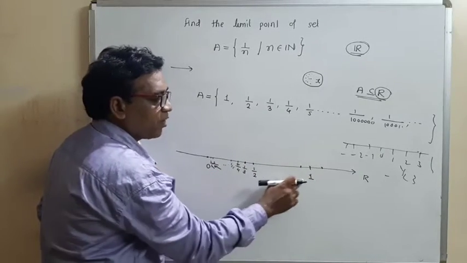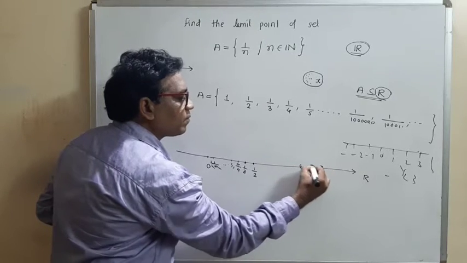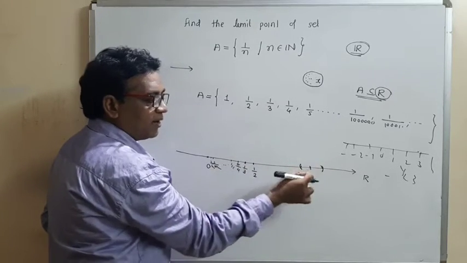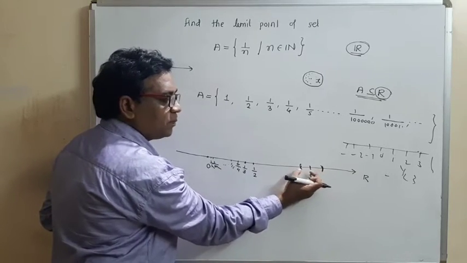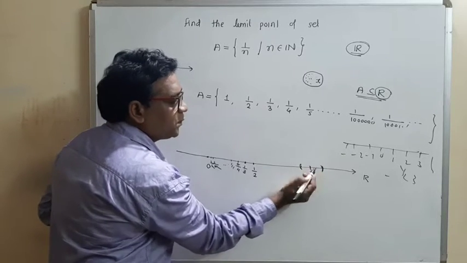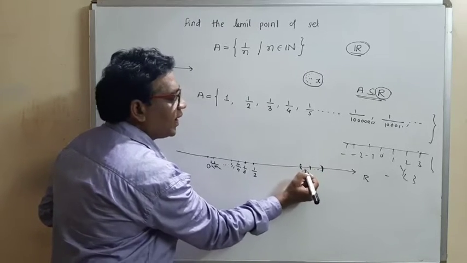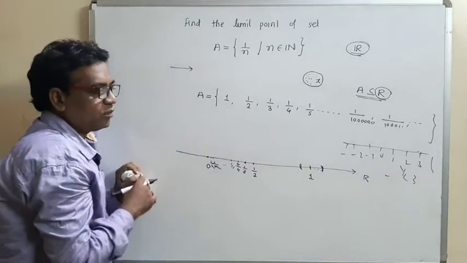What is the reason? Because of this open sphere. For the real line, every open interval is nothing but an open sphere. Now this open sphere does not contain any point of this set A. What is the definition of limit point?